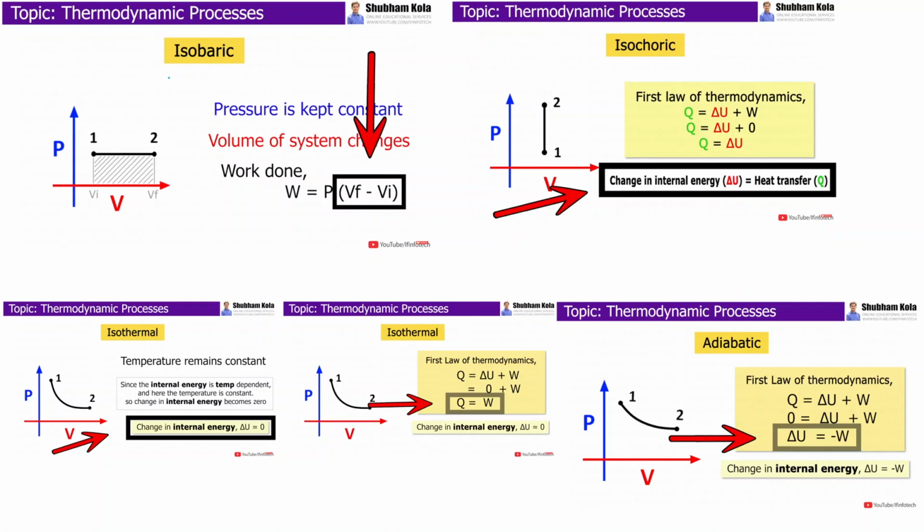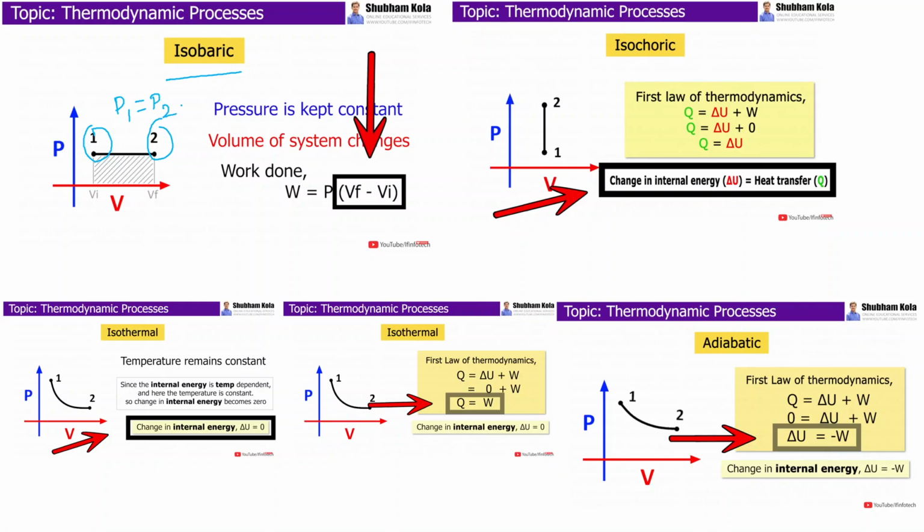What is an isobaric condition? Isobaric means the pressure is constant. This is the PV diagram. The pressure at 1 and the pressure at 2 are the same, that means P1 equals P2.